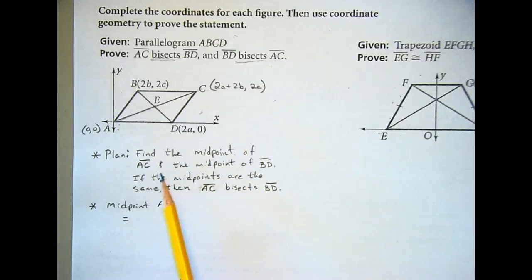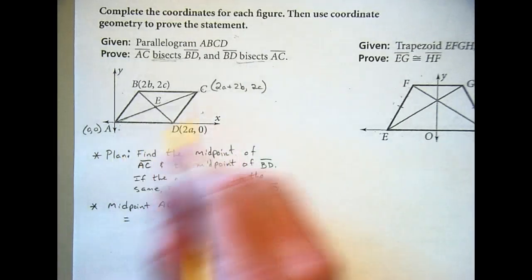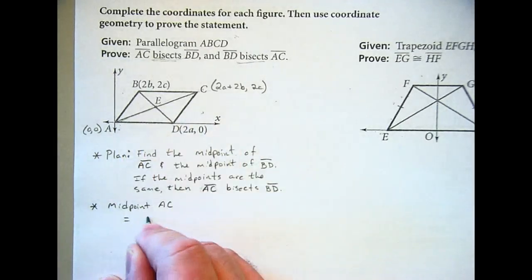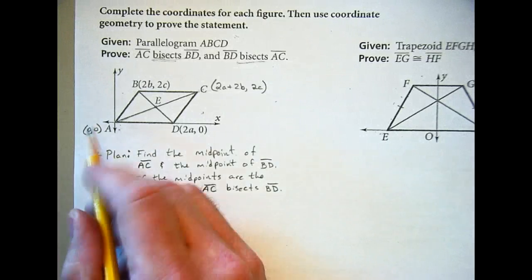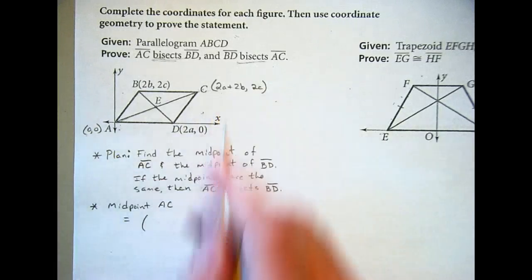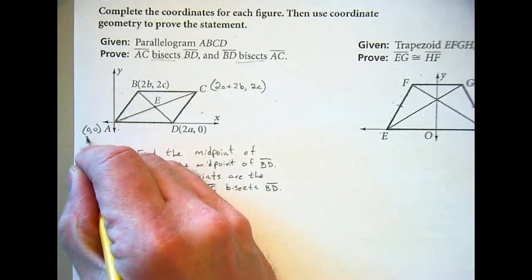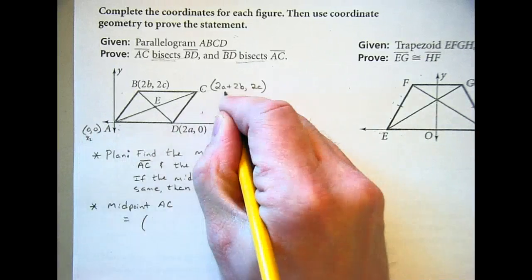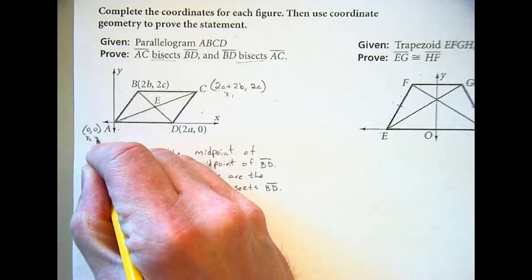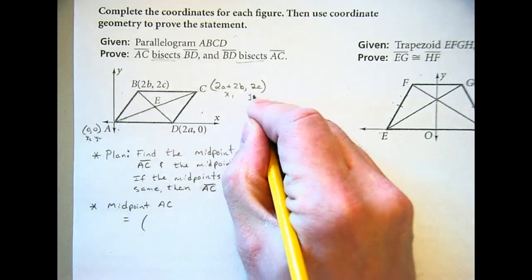Here's our plan. We're now going to go through the work of finding the midpoint of AC. So I'm just going to show the work here. AC, we know our formula for midpoint, we take our x values, x2 and x1, and y2 and y1.